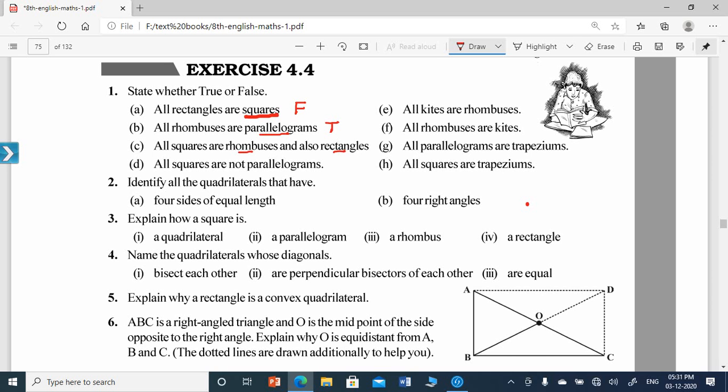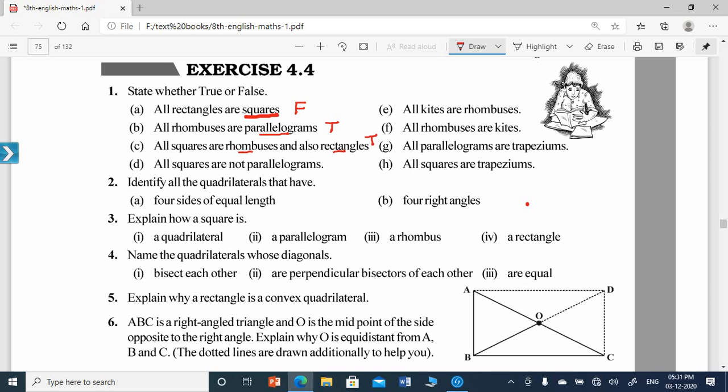In square also opposite sides are equal. And to become a rectangle, all angles should be 90 degree. In square also all angles are 90 degree. So, all squares are rhombuses and also rectangles. This statement is true. Square is a rhombus, square is a rectangle.